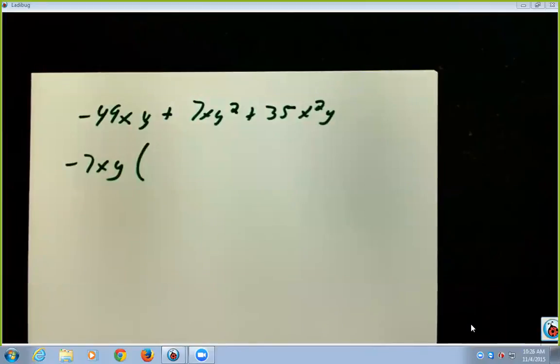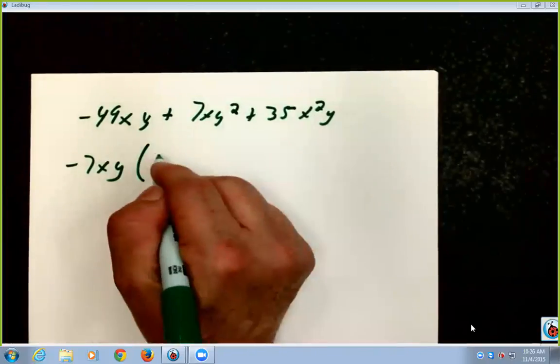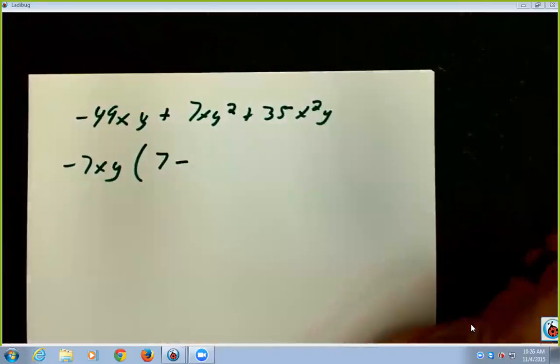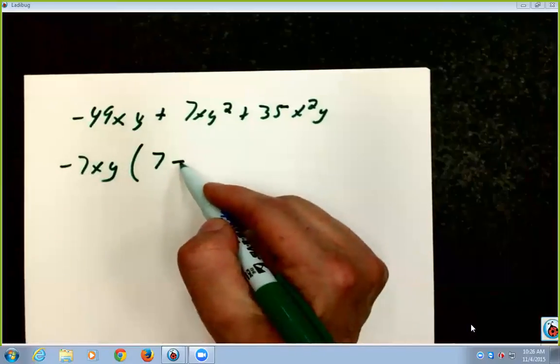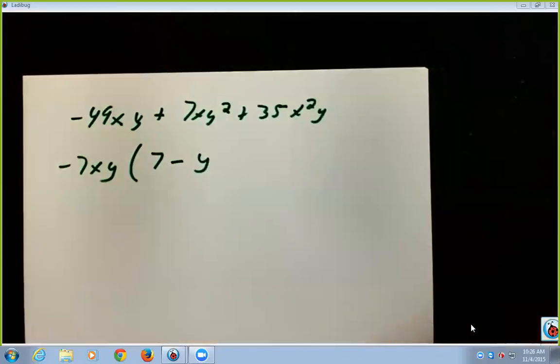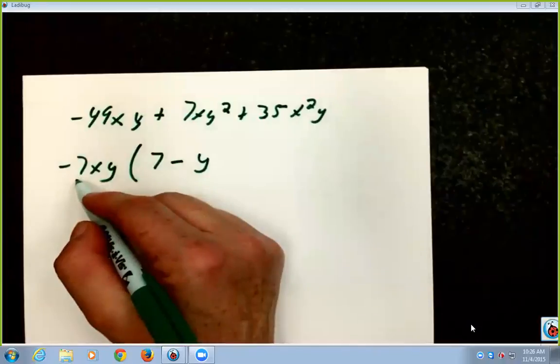And then what's left after it? So 7 is the only thing left in the front part. Positive 7 divided by negative 7 makes it a negative 1. X and x are gone. Y squared and y leaves a y. Positive 35 divided by negative 7.